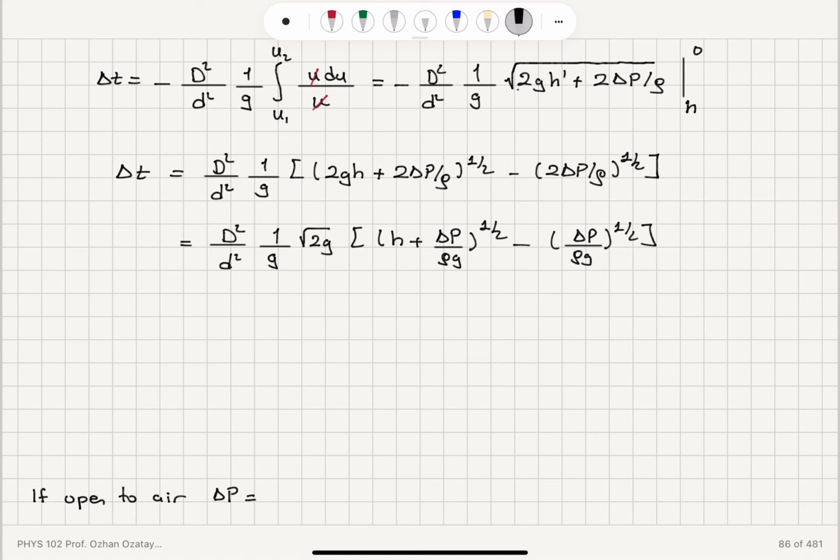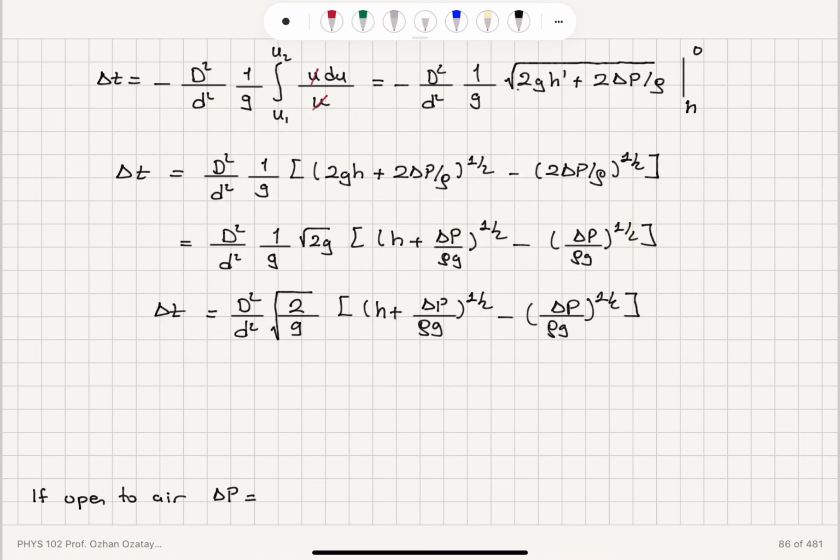So that gives me, as the final answer for delta t, capital D squared over small d squared, square root of 2 over g, then I have (h plus delta p over rho g) to the power 1/2 minus (delta p over rho g) to the power 1/2.